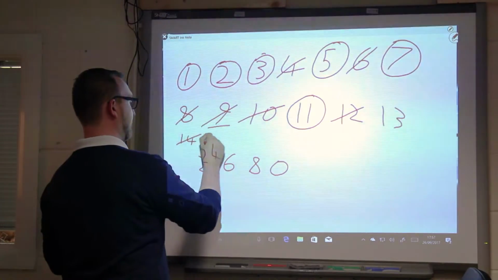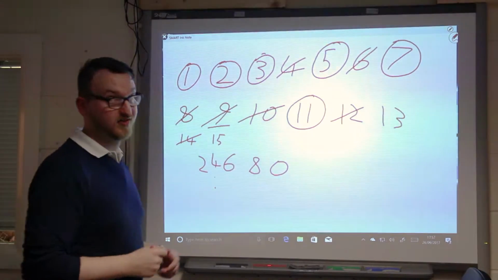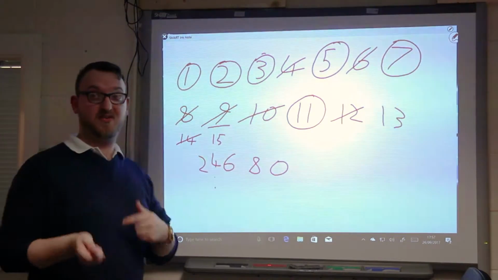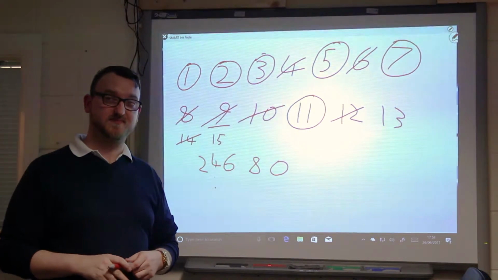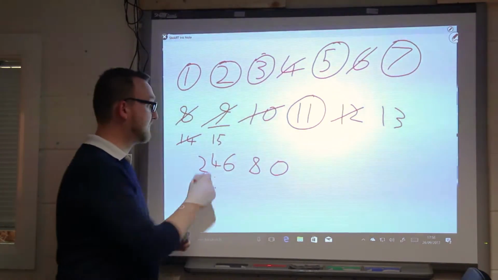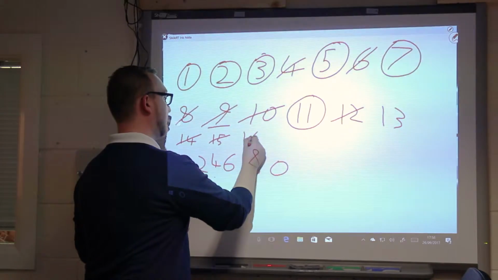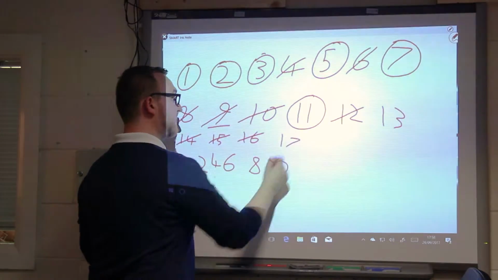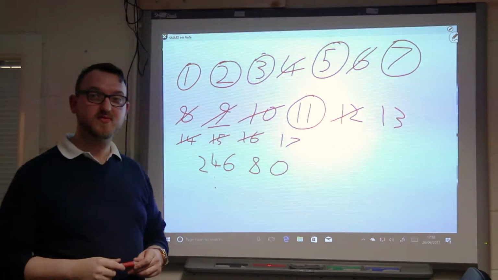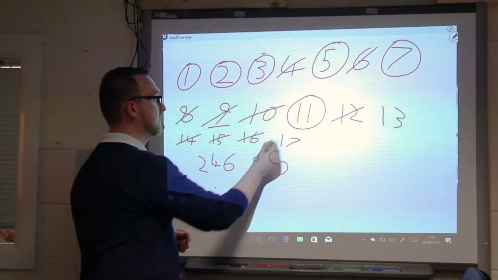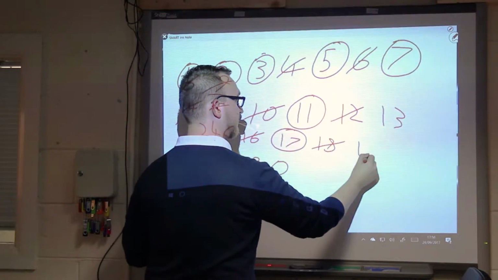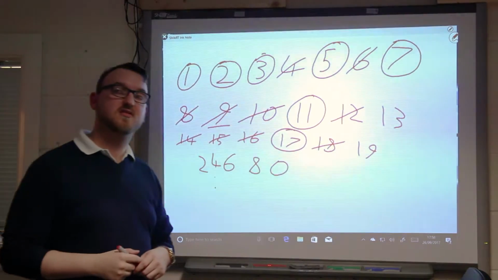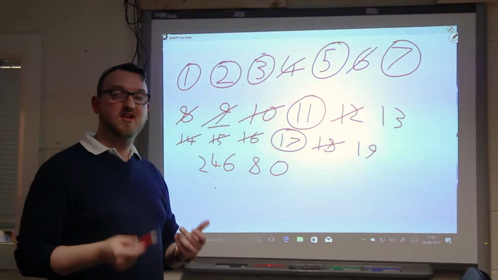14, excluded. 15, it's not excluded, but if you remember the previous lessons that we've done, 15 is divisible by 3 and 5. So it can't be prime. 16 is excluded. 17, that's prime. 18 is excluded. 19, that's prime.